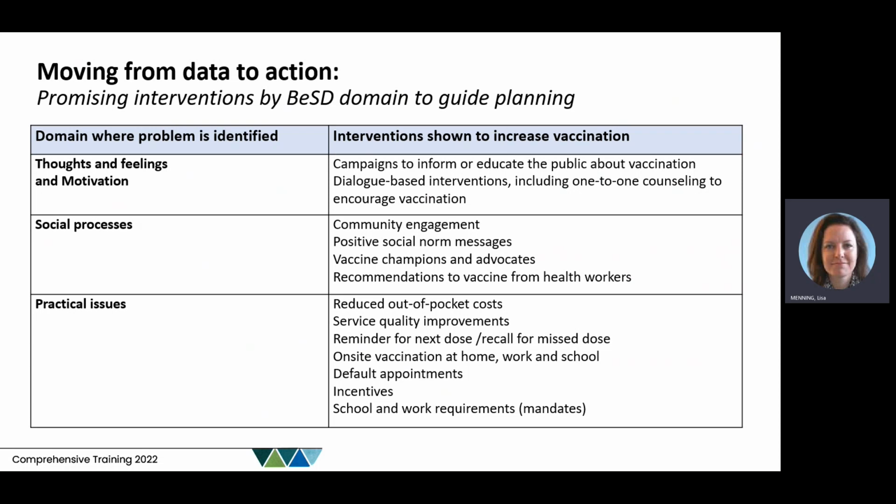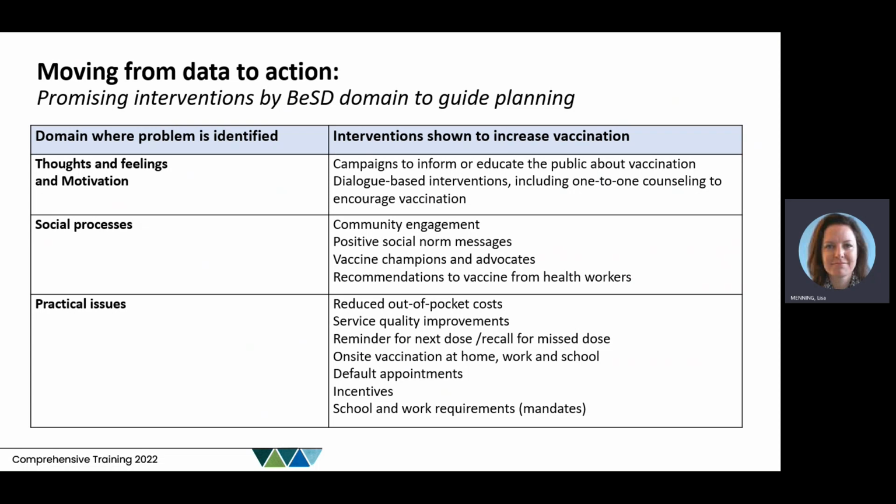So as part of the work that we carried out with our working group in recent years, we also developed this table with interventions that we identified based on a scoping review and with expert inputs. And we organized these interventions to correspond to the domains where the problem is identified from our BeSD framework.